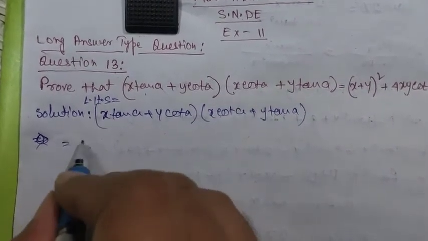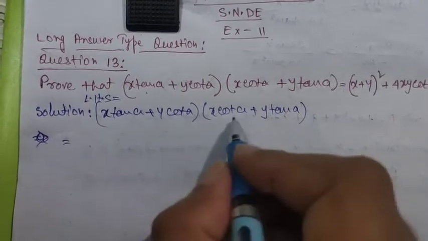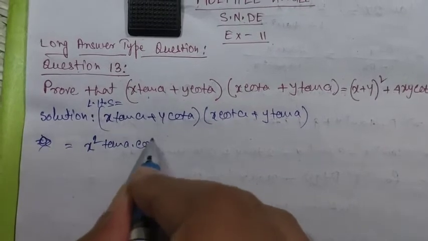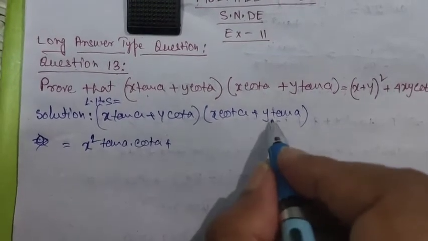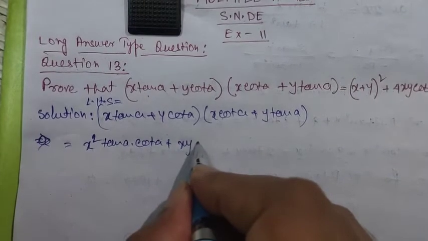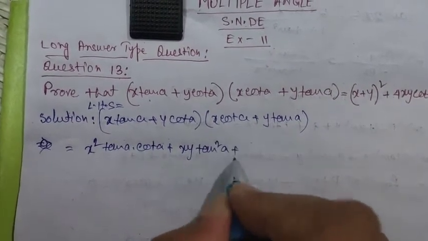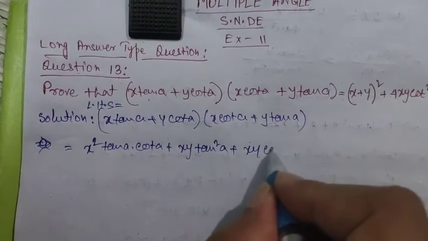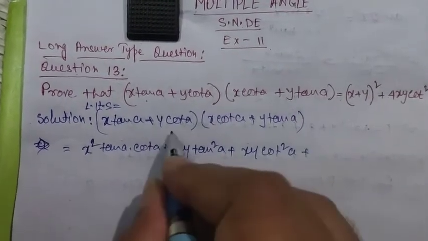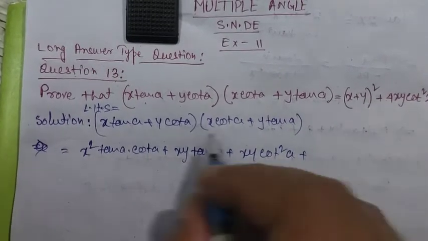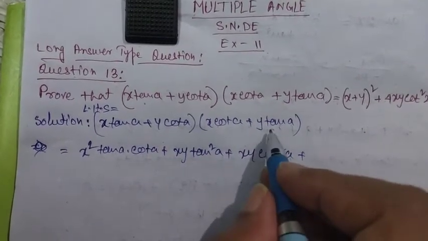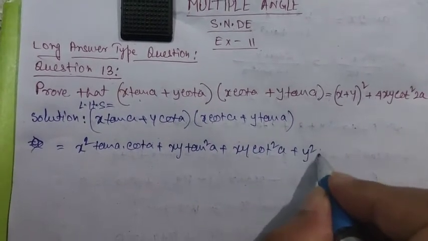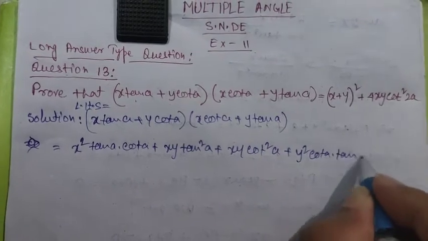So x tan a into x cot a is x² tan a cot a, plus x tan a into y tan a is xy tan² a, plus y cot a into x cot a is xy cot² a, plus y cot a into y tan a is y² cot a tan a.